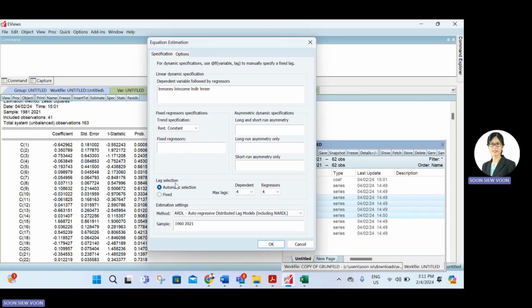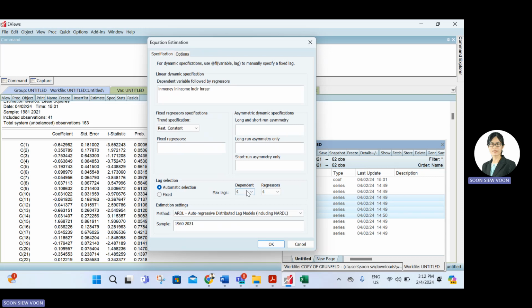Lag length. One of the issues in the ARDL is how to select the lag, right? You can choose the automatic selection by the system, but we have to identify the maximum lag. If you put the maximum lag as 4 for the regressors, then the system will give you the model which provides the minimum value based on the automatic selection.